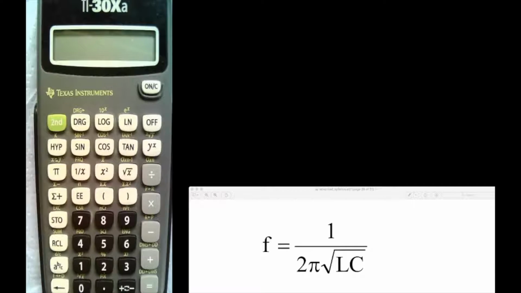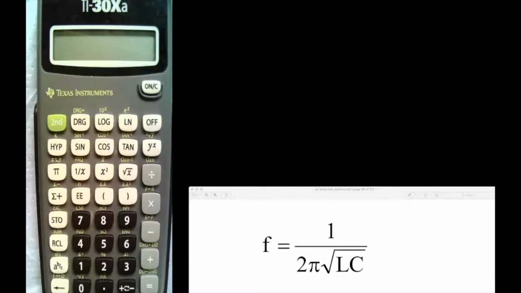So the first of the remaining equations we're going to look at is F equals 1 over 2 pi root LC. Now this equation relates to the resonant frequency of either a series or parallel tuned circuit.